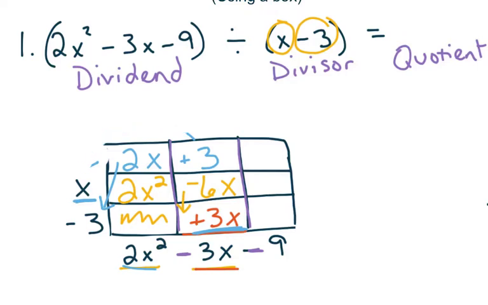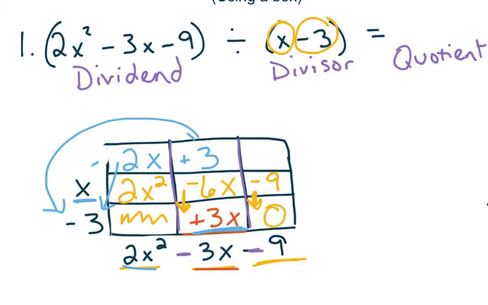Is everybody with me? So now I am going to multiply my positive 3 times my negative 3 to get negative 9. Okay. Now I'm going to do the same thing I did over here. I'm going to ask myself, negative 9 plus what will give me negative 9? Well, that's a 0. Okay.